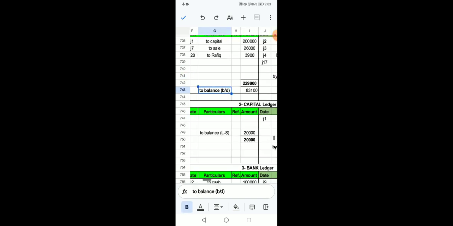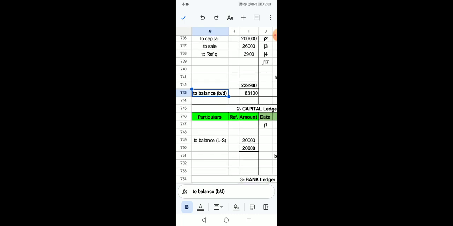We have highlighted it. This balance and the side of this balance is very important to know. You will be focusing on what? The balance which has been brought down. So the balance is 83,100, and which side has it been brought down on? That is debit. So if the balance is brought down on the debit side, you will choose the debit side of the trial balance as well. How much balance is it? 83,100.